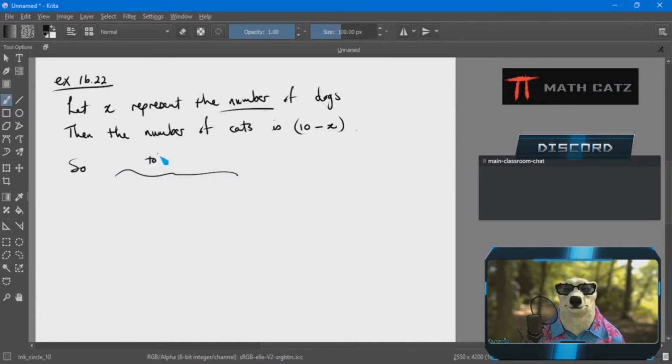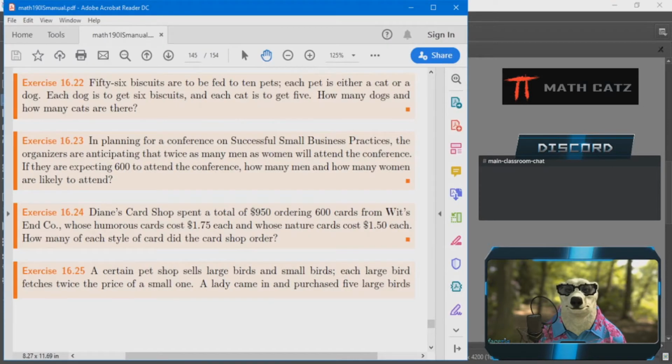The left will be total biscuits. And the right will also be total number of biscuits. I know that's 56 from the question, but if I can break it down to dogs and cats separately and add them together.